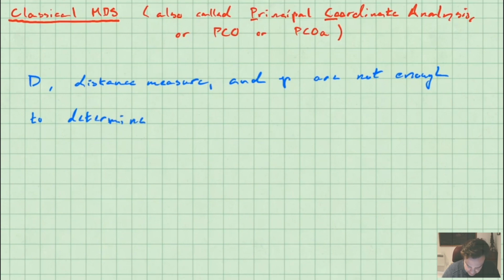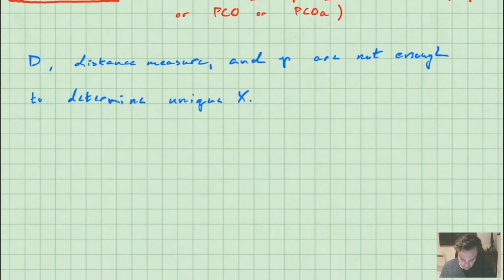That's almost everything there: the distance measure, the number of variates, and the distance matrix itself. But that isn't enough, and there is no way around this.